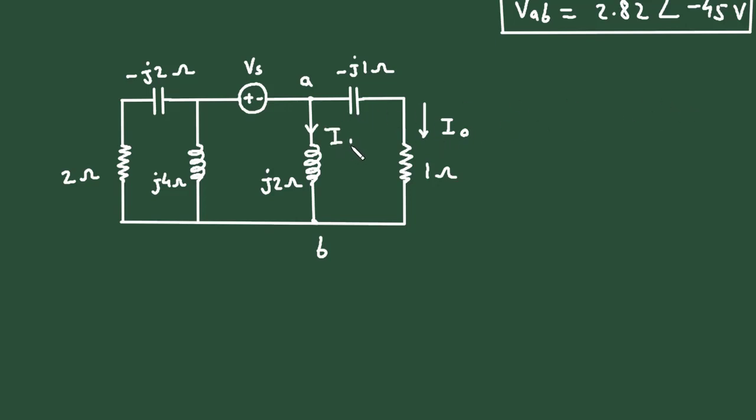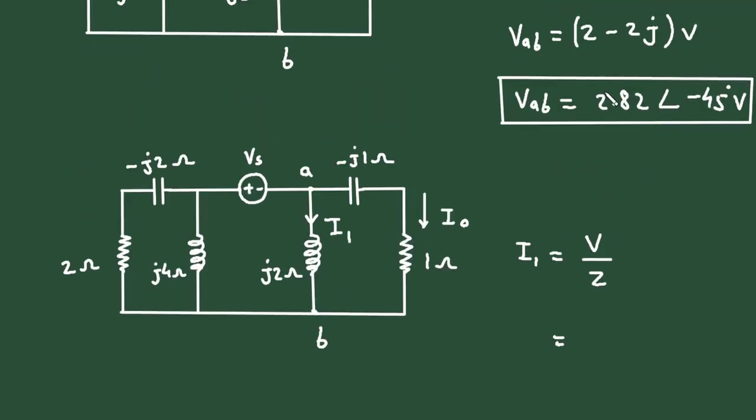Let's say this is current I1. So current I1 will be equal to V upon R or V upon Z. The voltage value is 2.82 at an angle minus 45 degree, divided by the impedance value, J2.